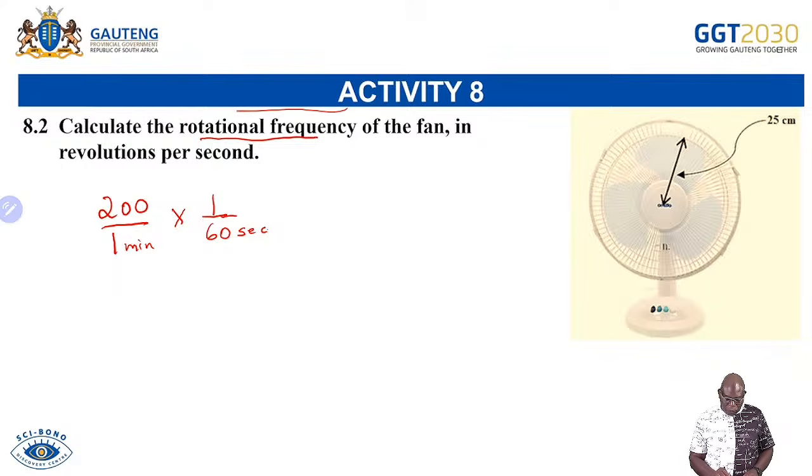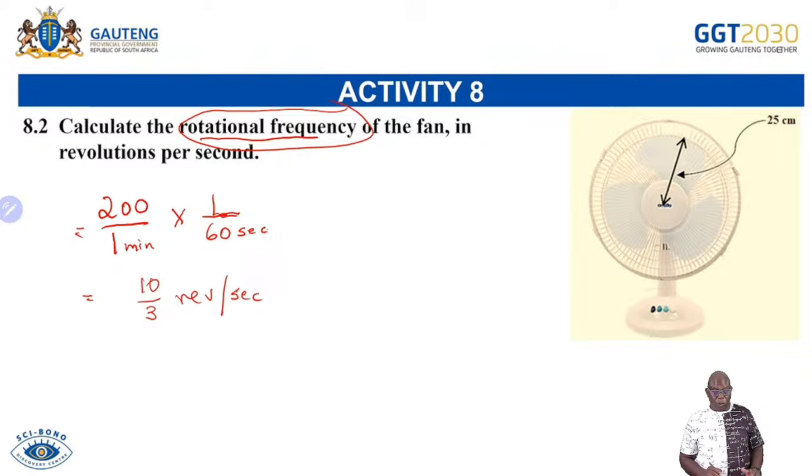Right, I need the rotational frequency. Remember, the rotational frequency will be revs per second. Per second means the seconds must be the denominator. If I calculate this correctly, I'll get 10 over 3 revs per second.